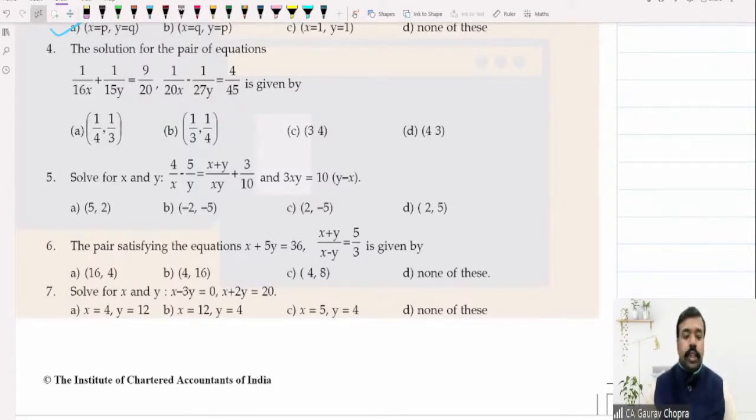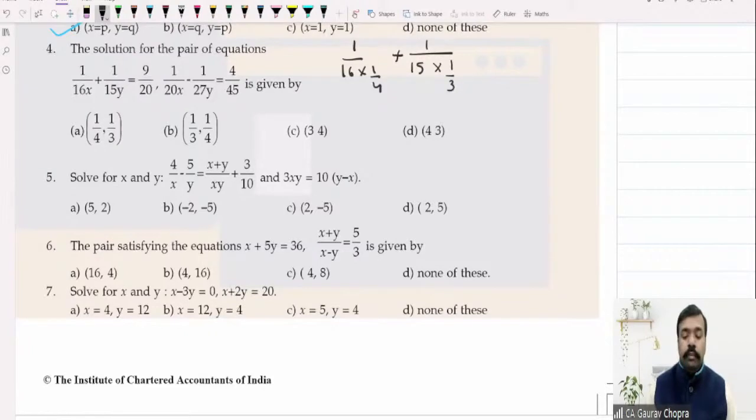So what can be done? So 1 by 16x plus 1 by 15y is equal to 9 by 20. Let us put that 1 by 16 into 1 by 4 plus 1 by 15 into 1 by 3.